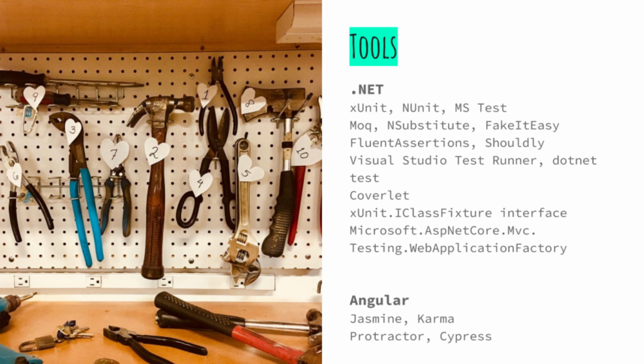Have it substitute or fill in for those pieces so that the piece of code that you're actually interested in testing can be executed properly. In the .NET world, that's Mock or Moq, and that's the particular library that I'll be using in this course. Other alternatives in this space are NSubstitute and FakeItEasy, just to name a couple.